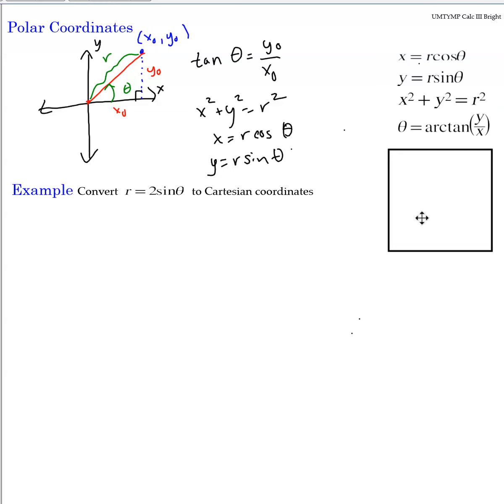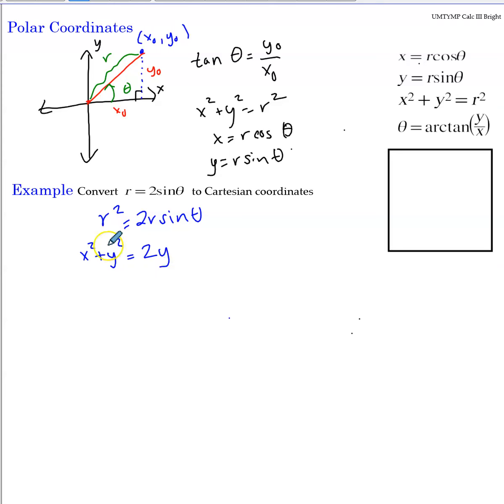Okay, so if we want to convert the equation r is equal to 2 sine theta into Cartesian coordinates, I would say why don't we try multiplying both sides by r. So when we do that, we get r squared is equal to 2r sine theta. And then r squared is x squared plus y squared is equal to, and then r sine theta, that was just y, so we get 2y.